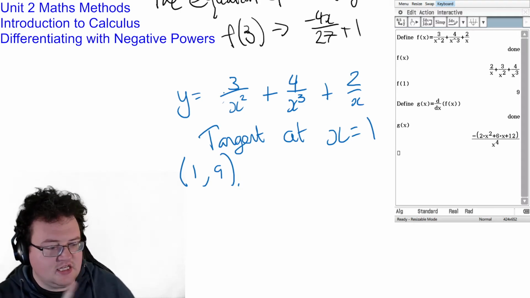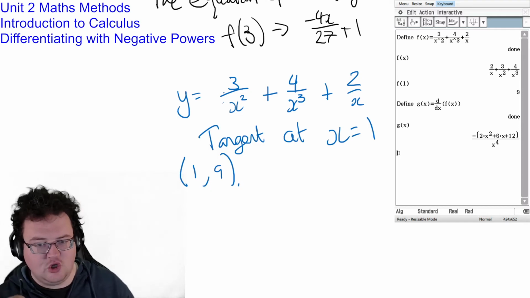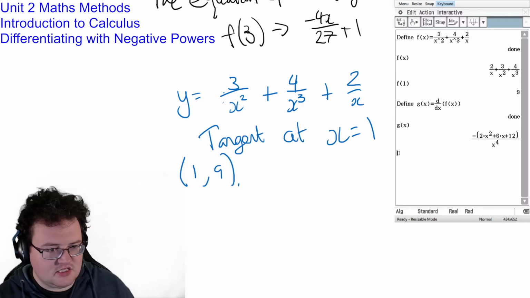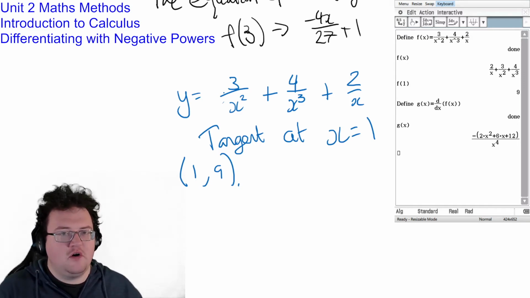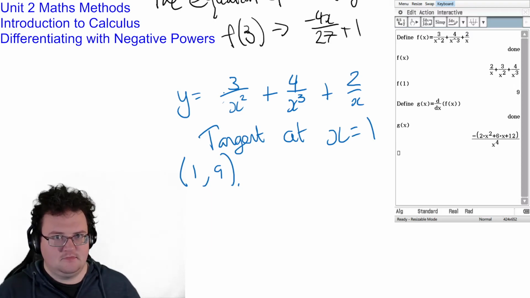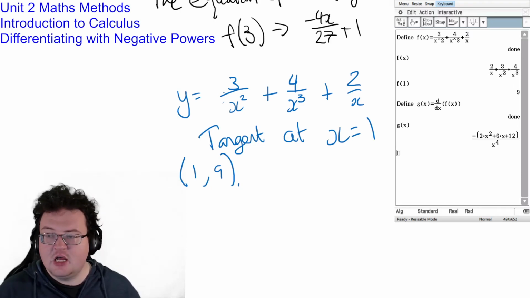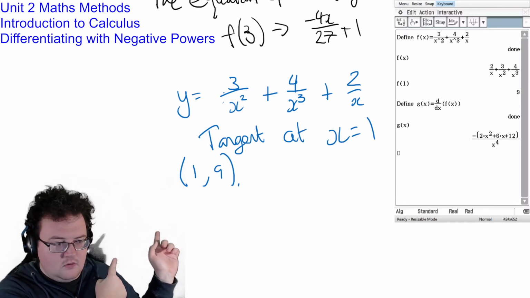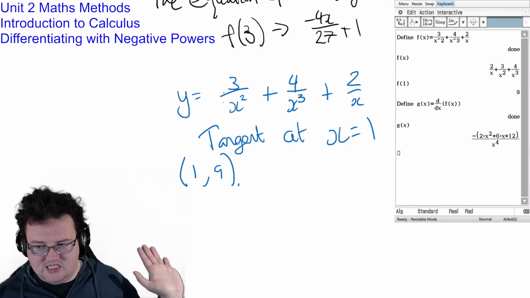Now, it is going to give it to you in this form, as opposed to how you would do it if you were doing it by hand. Both answers are correct, but remember, at the end of the day, what I care about is the equation of the tangent. So if you were to simply state f dash x is whatever's on the CAS, that is acceptable.